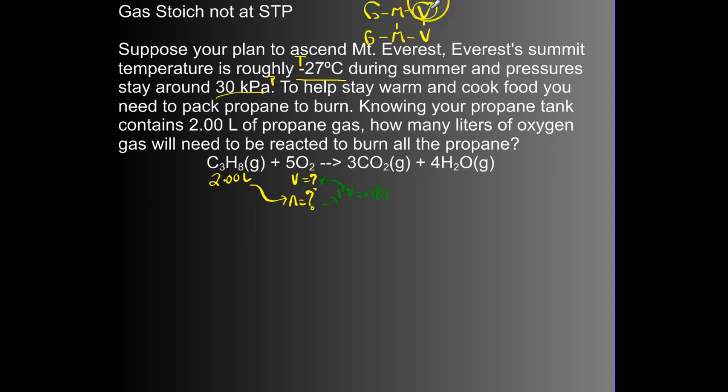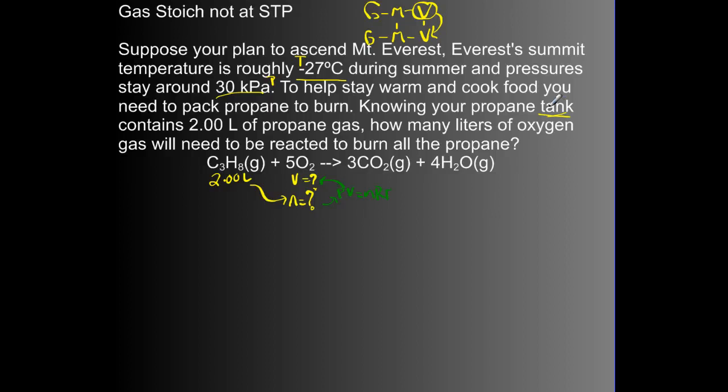The reason I can't jump straight down to the volume of my unknown is because this gas here is not at STP. It's held within my propane tank, so it's at a constant pressure and temperature, and it's a fixed volume of gas. So the tank is basically sealed conditions.